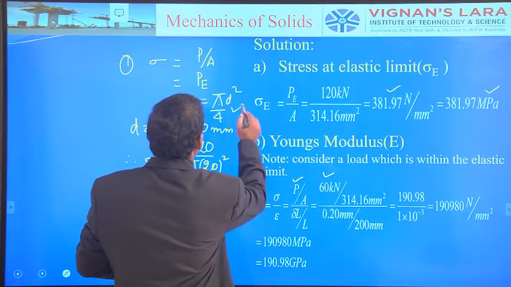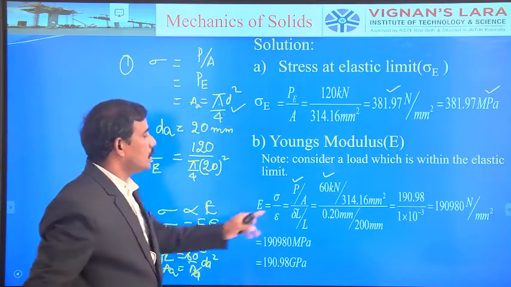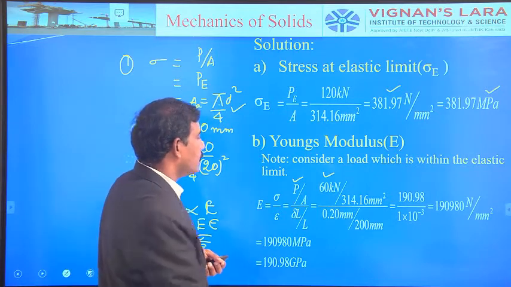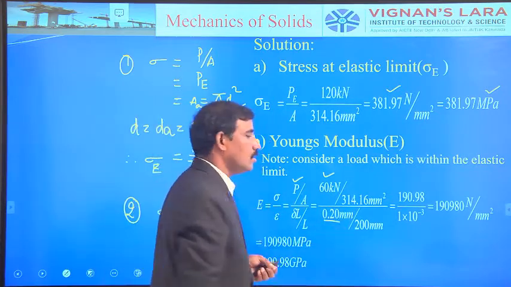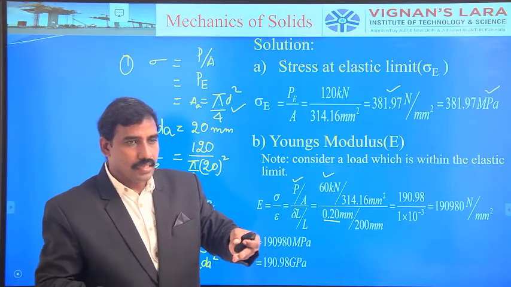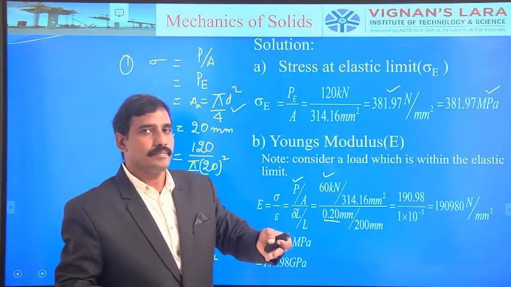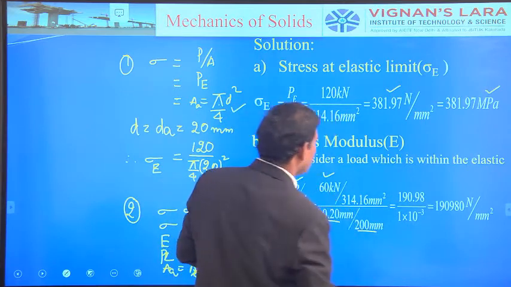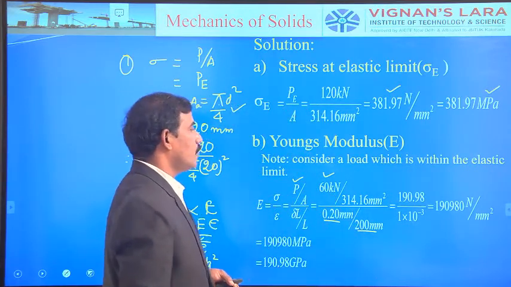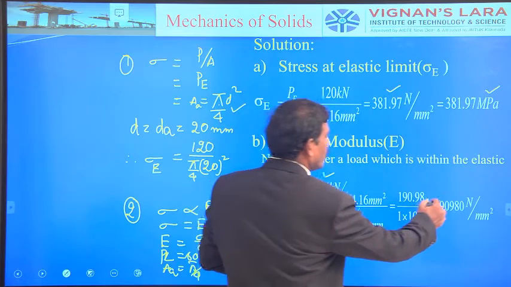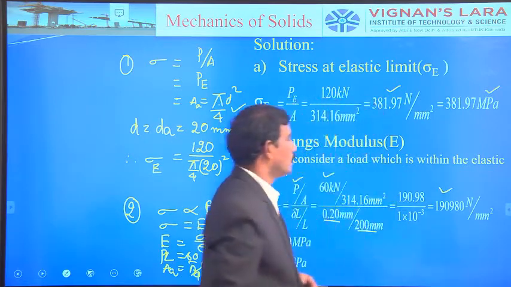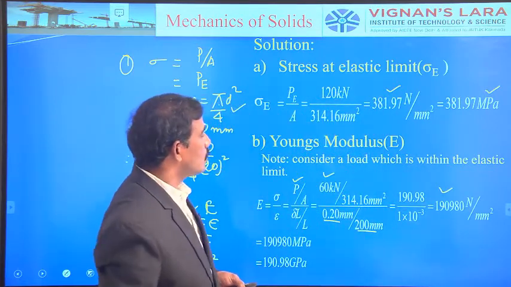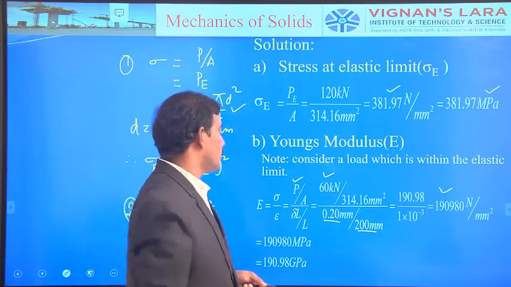Here this is the area, and then what about delta L? Delta L is also given, that is the elongation under the action of the 60 kilonewtons. Its original length is 200 mm. Finally, the Young's modulus is 190,980 Newton per meter square.